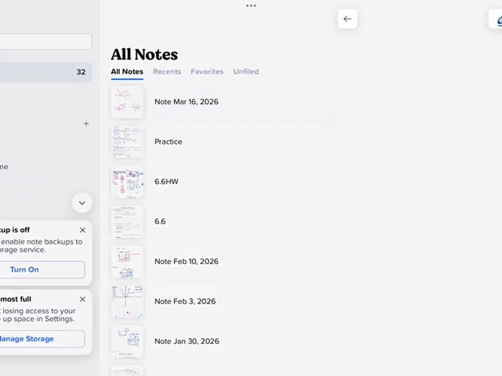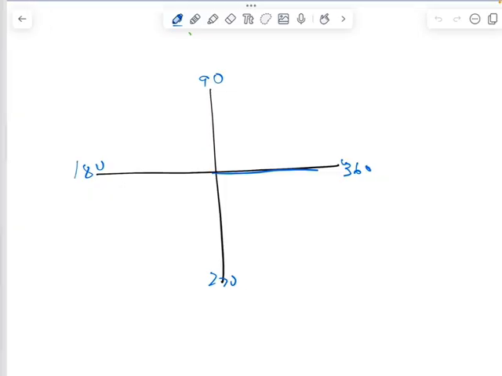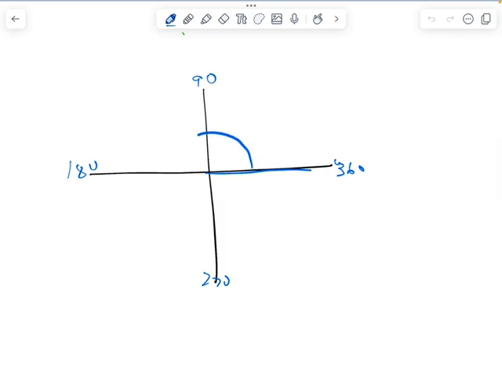So 401 degrees, this is 360. So 401 is going to be 41 beyond that. And so here, your reference angle is 41 degrees, because that's how much you would have to wind back to get to the x-axis. All right, let's do another one.